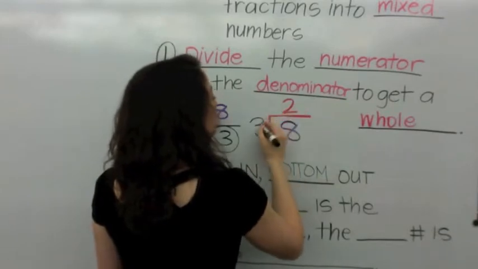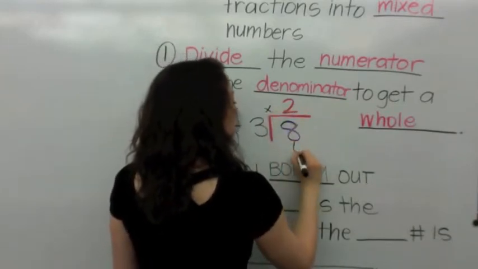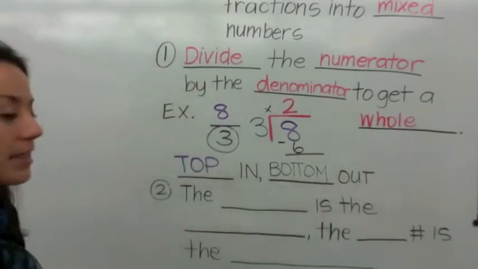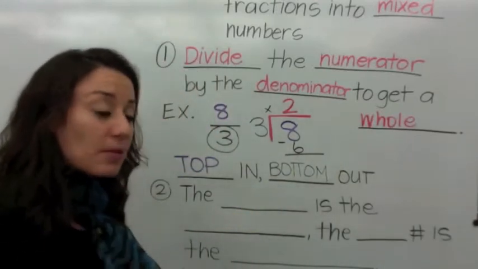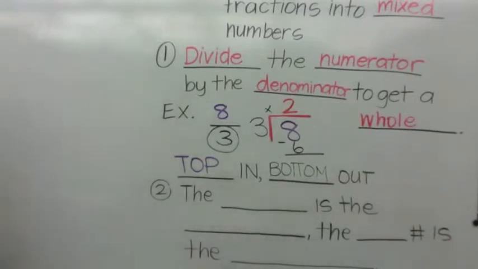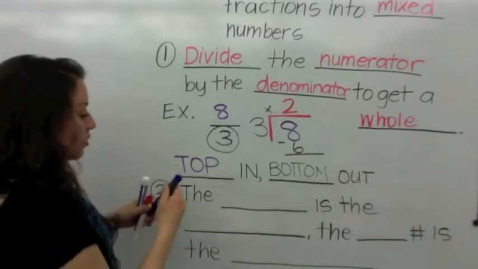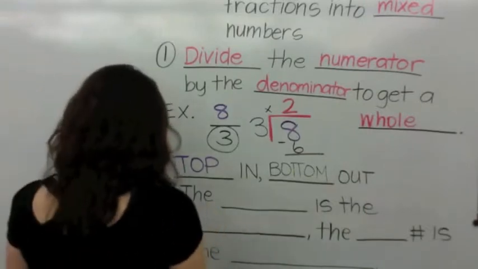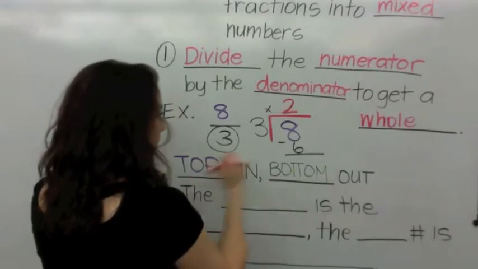We say 2 times 3 is 6. Then subtract, okay? Subtract 8 minus 6. How much is going to be left over? Come on. What is 8 minus 6? It's 2, right? So I'm going to write 2.